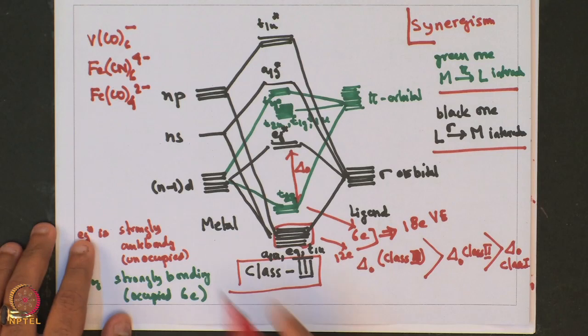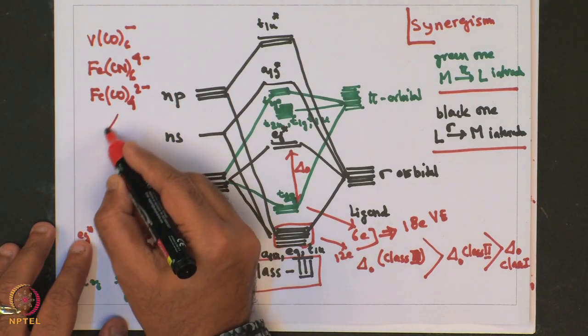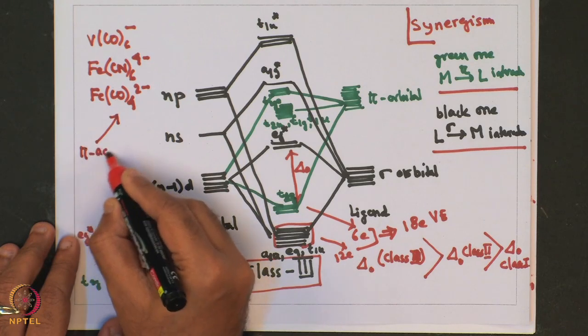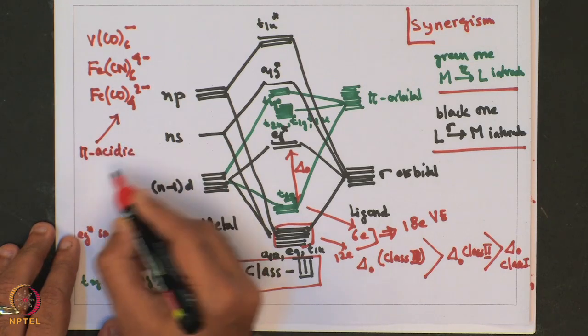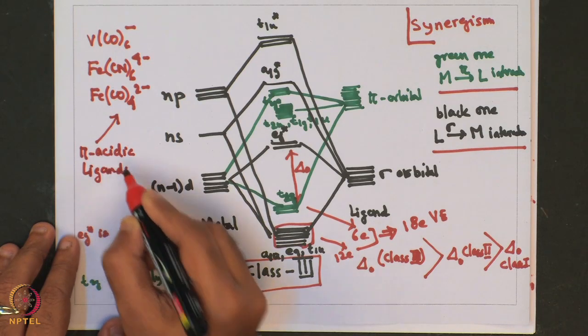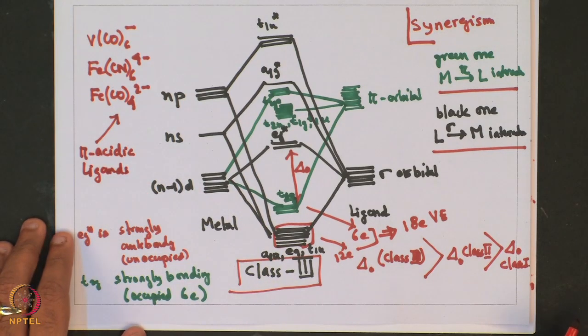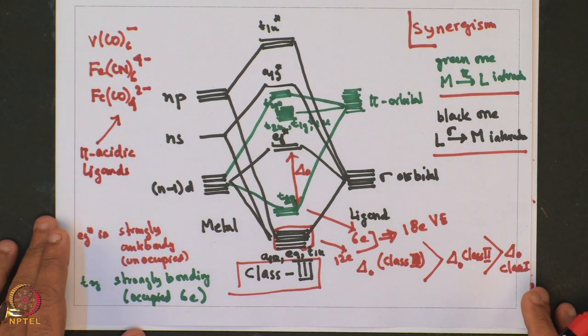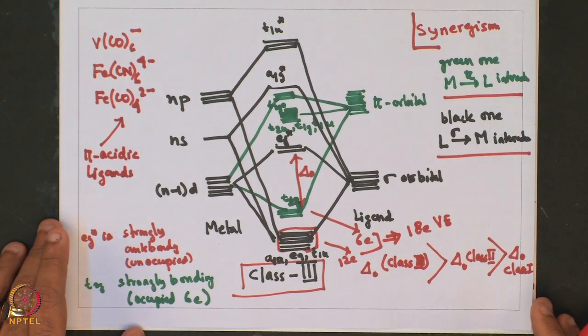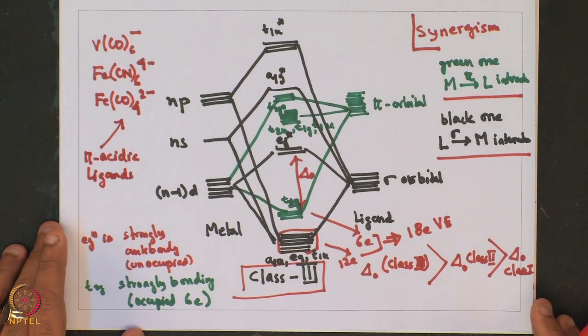And all of these complexes have pi acidic ligands. So, this is a hallmark of this class 3 type of complex.